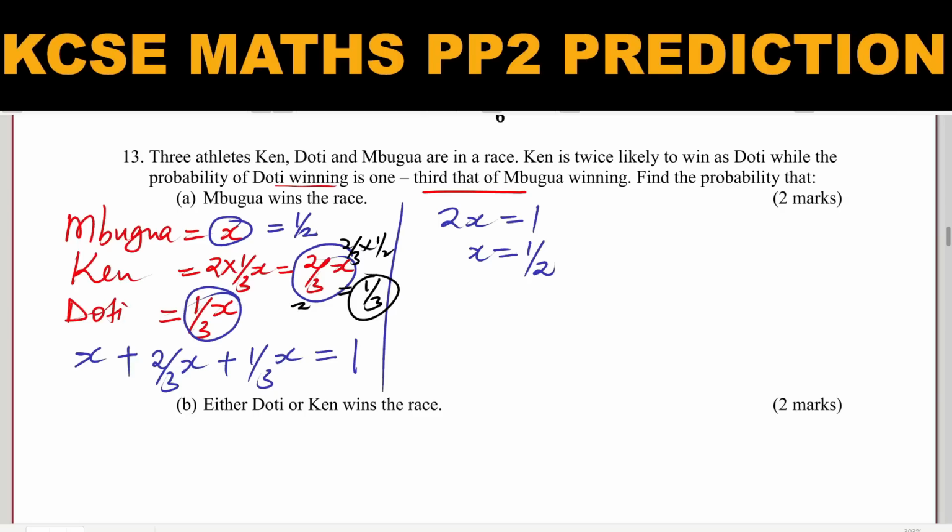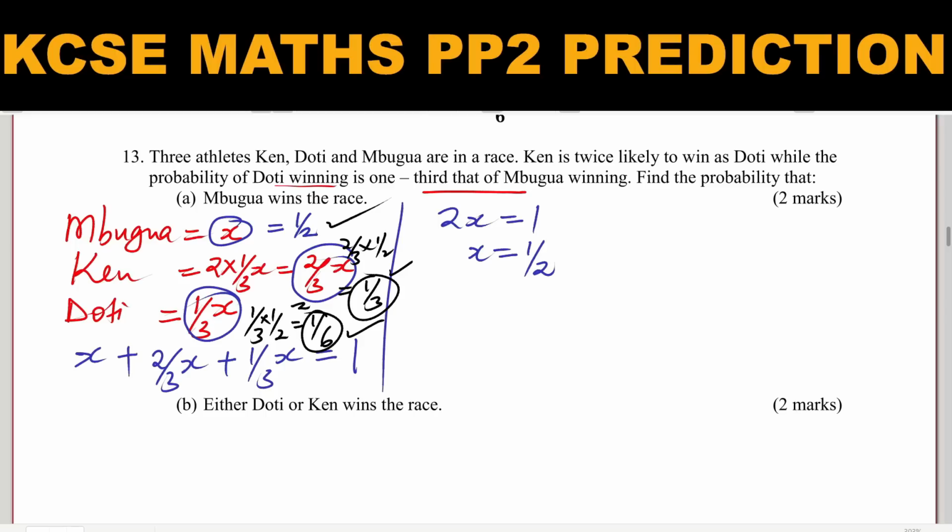That is the probability of Ken winning. Then Dottie is a third x, so this will be a third times x, which is a half. That will be 1/6. So now we have the probability of Mbogwa winning, which is a half. Probability of Ken winning, which is 1/3. Then probability of Dottie winning is 1/6.